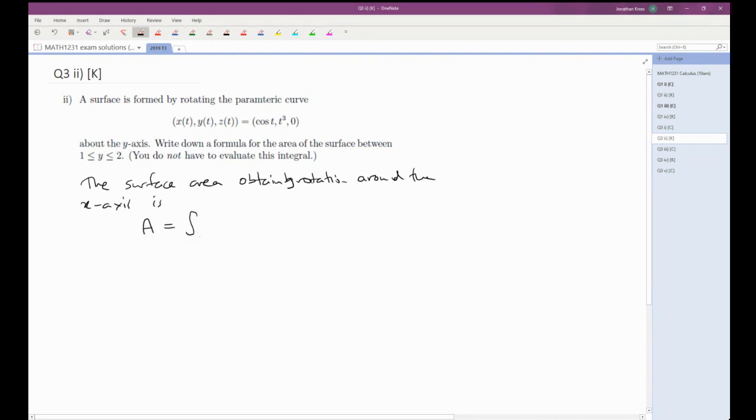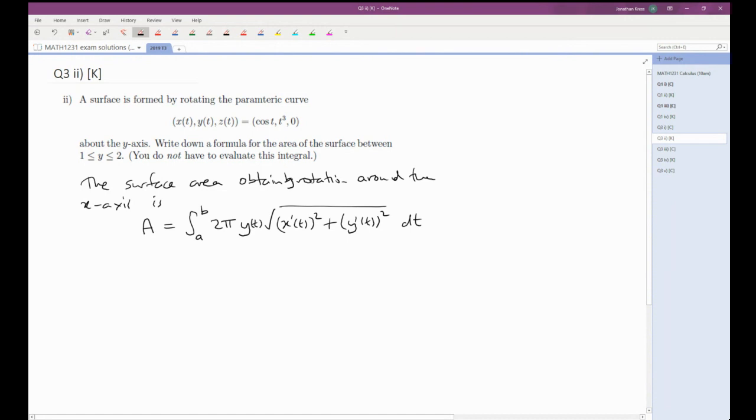That would be the integral from a to b, with the parameter going from a to b, of 2 pi y of t times the square root of x dashed of t squared plus y dashed of t squared, dt.